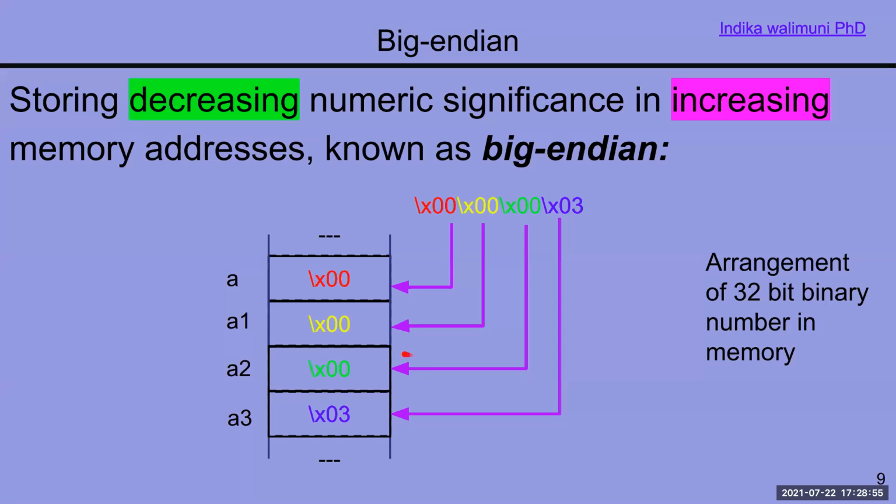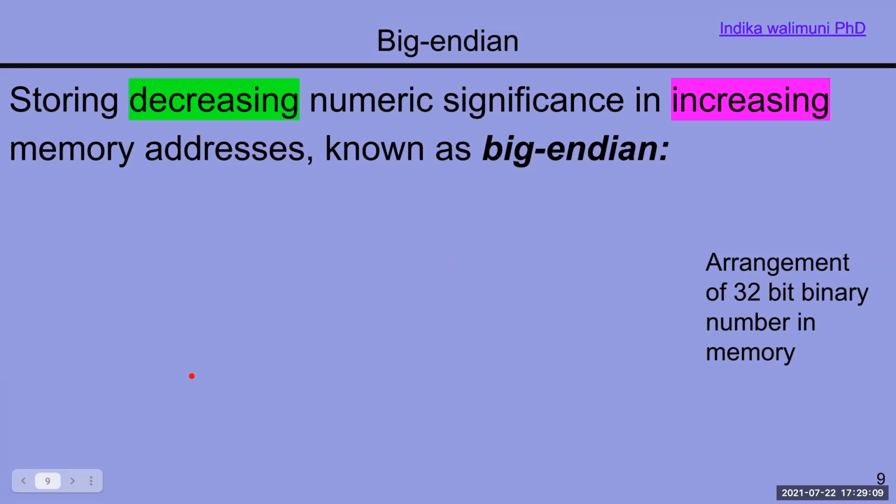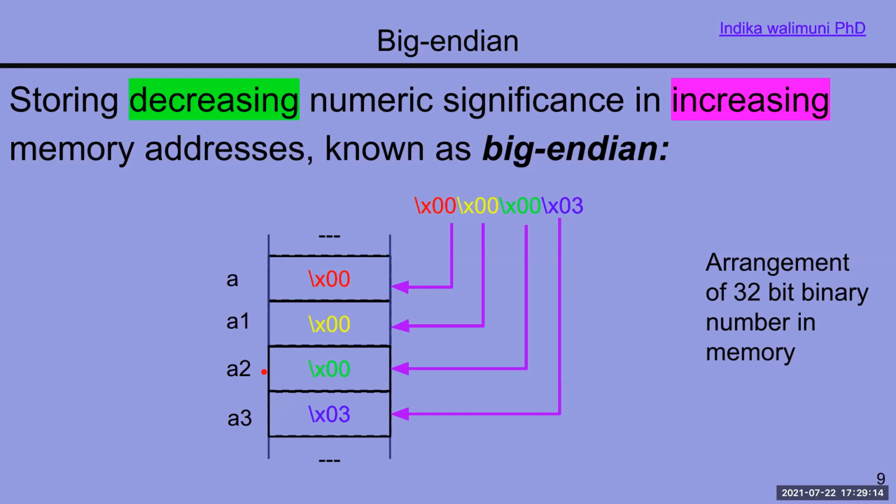It's really important to understand this: we store in decreasing numeric significance in increasing memory address. The memory address increases as we go down, and the significance decreases as we go towards the right.